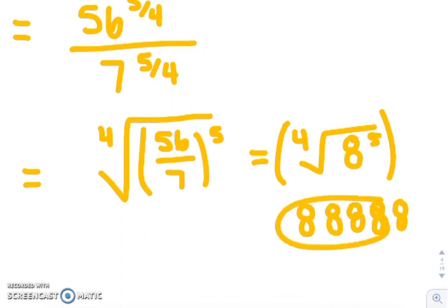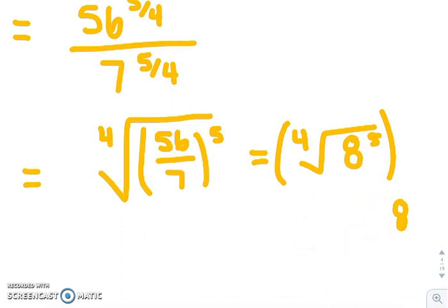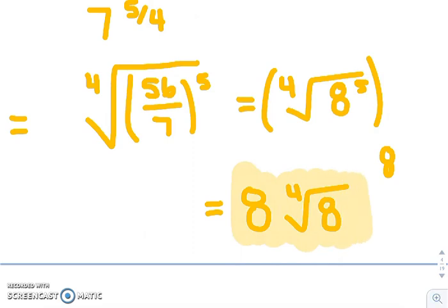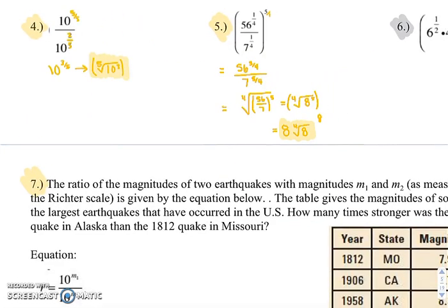So that 1/4 root leaves you with just 1 left underneath, if that makes sense. And then leaves you with the 4th root of 8 by itself. So when your index is smaller than your power, you can pull an entire root out from underneath that radical. So just keep that in mind.